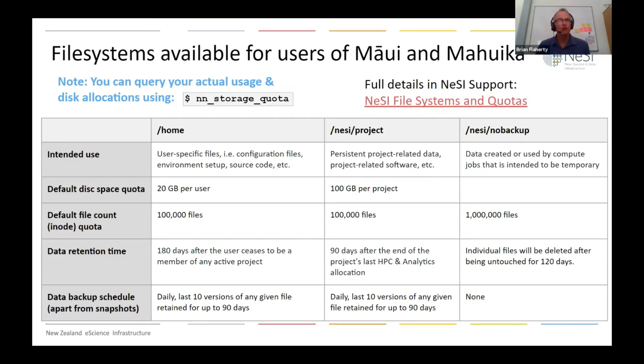So the quotas, disk quota and file quotas that are available, the retention times, and of course the backup schedule for the home and the project directories. The no backup directory by definition not being really backed up.